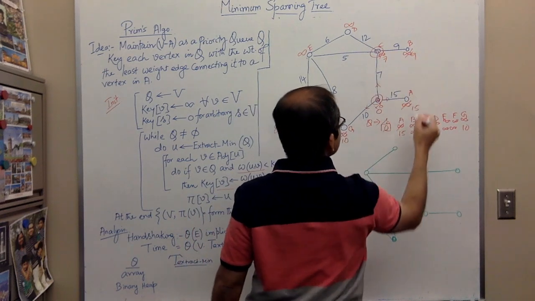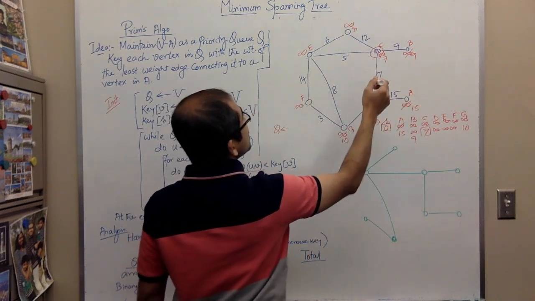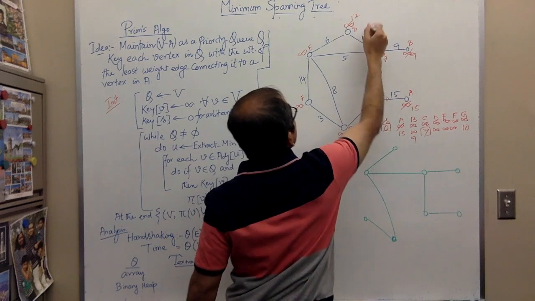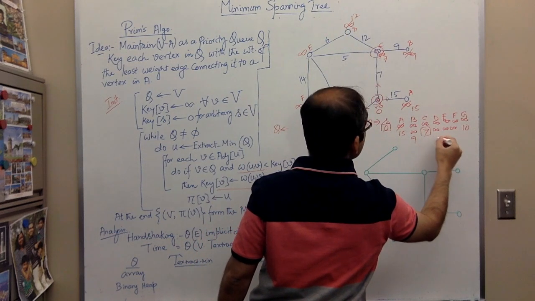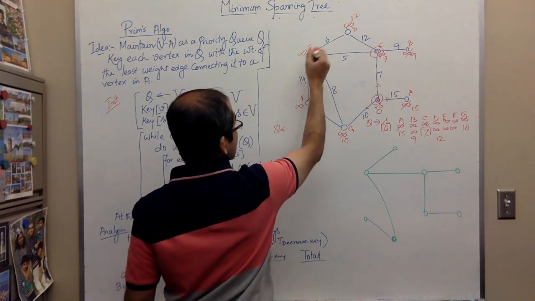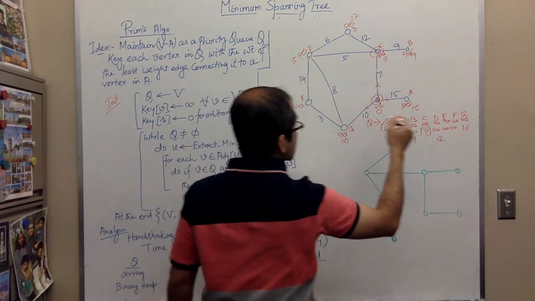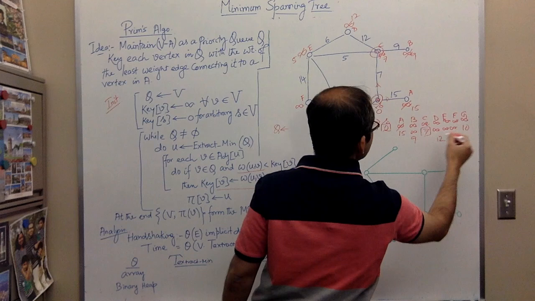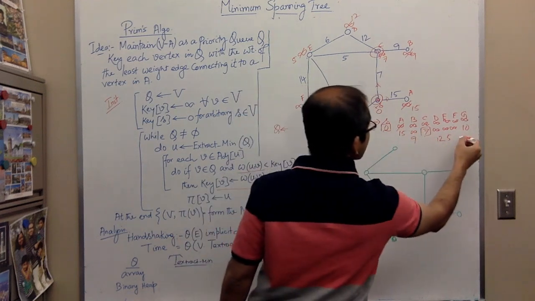You see the edge connecting it is 9. Then C to D is 12, because this edge weight is 12, so D is 12, and E is 5 because the C to E edge is 5. Okay, so the rest are infinity.